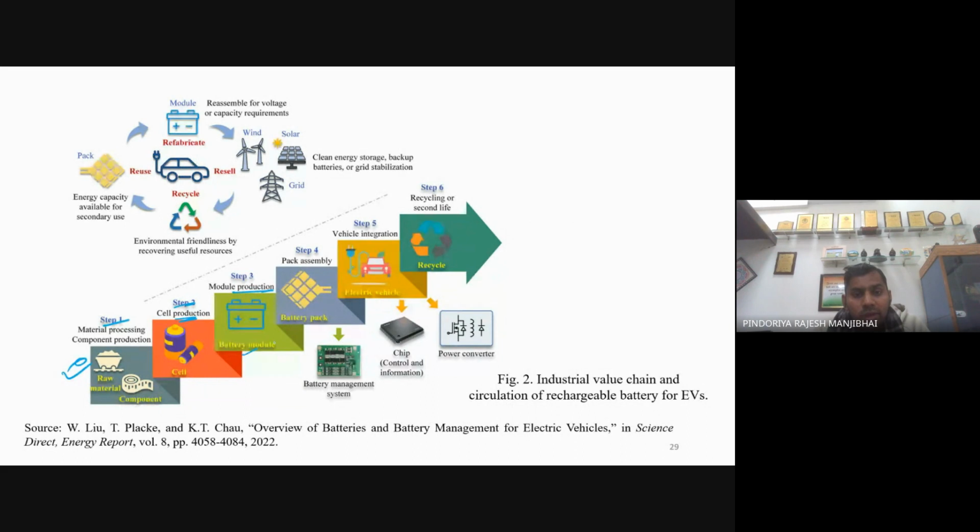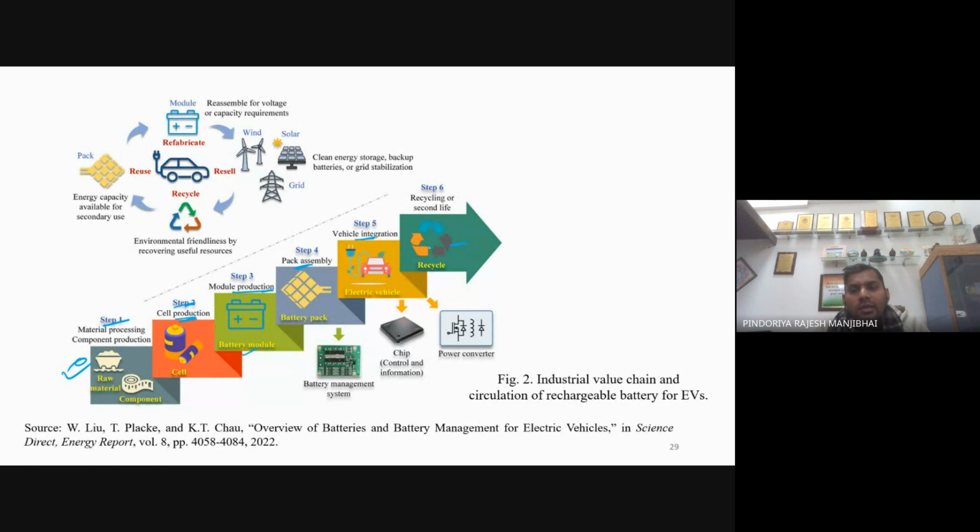Based on the battery module, we also have to develop the battery pack, that is pack assembly. Finally, this battery pack assembly can be given to the electric vehicle. So this is vehicle integration, and then again recycling, because the life of a battery is not infinite, correct? After 5 years, maybe after 3 years, depending on the battery capacity, it will be damaged, correct?